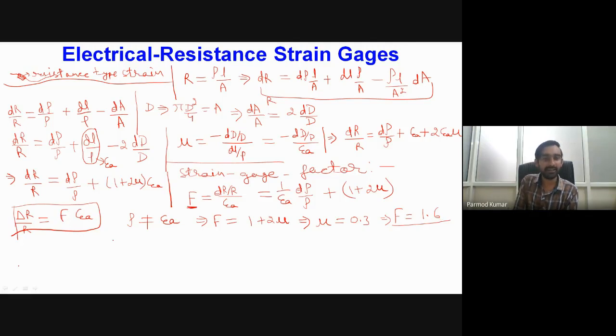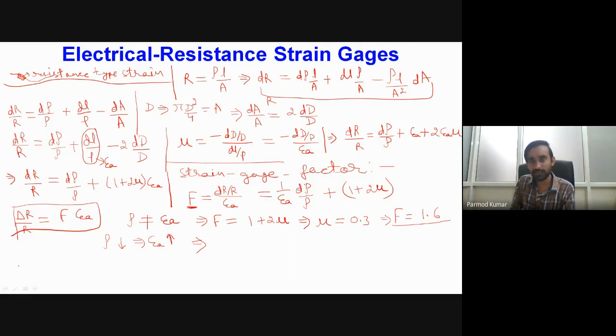If the value of resistivity decreases upon increase of the strain within the wire, then in the formulation of F we have 1 by epsilon A, and when our strain is increasing, this resistivity is decreasing.